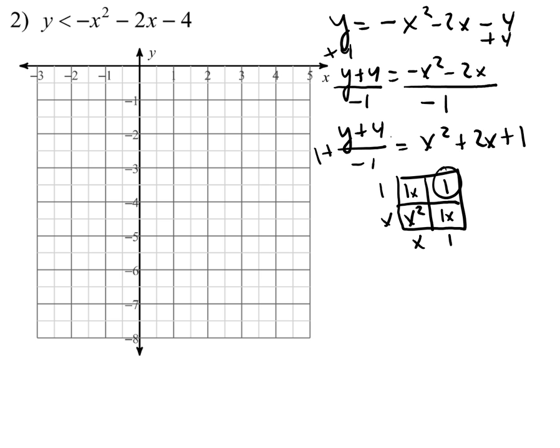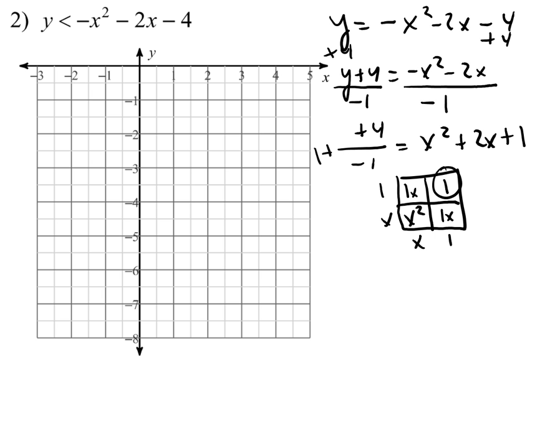Some of you guys, this side looks really weird, and don't be panicked by this. I kind of think of it as like a parking lot. We're parking it here for a little bit, and then when we get done with completing the square, we're going to move those items back to the other side.